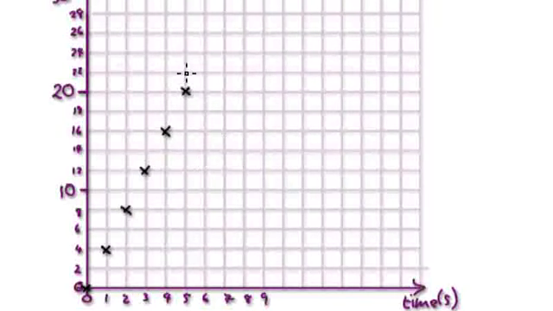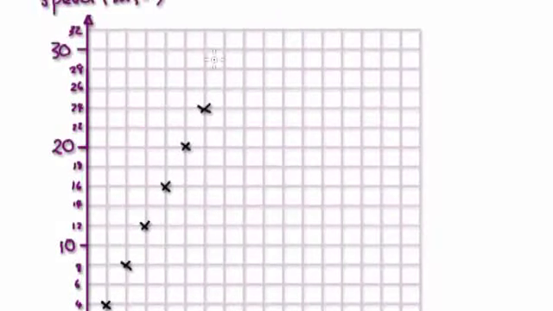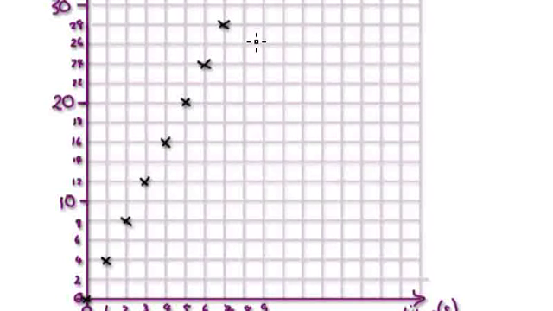When time equals another second after this, there's going to be an increase of 4, so it's going to be here. And then another second later, there's going to be an increase of 4, so it would be here. And then another second later, there's going to be an increase of 4 here. Because that's what acceleration means: there's going to be an increase in speed.